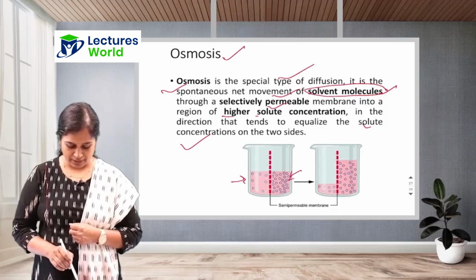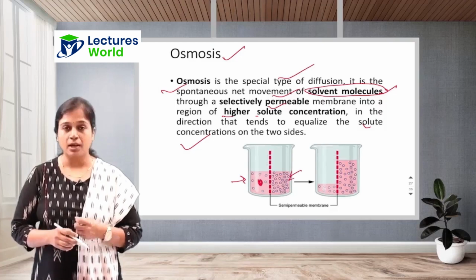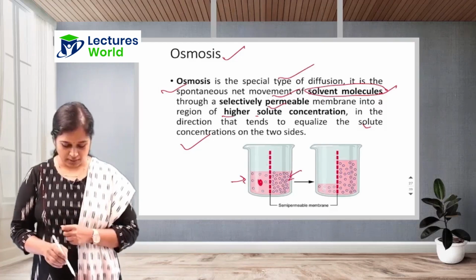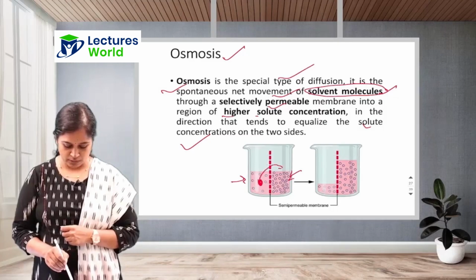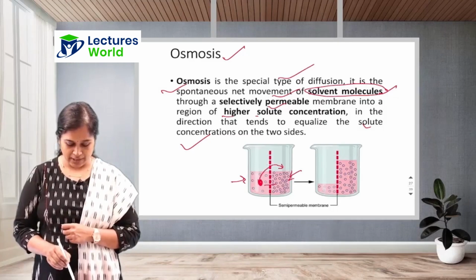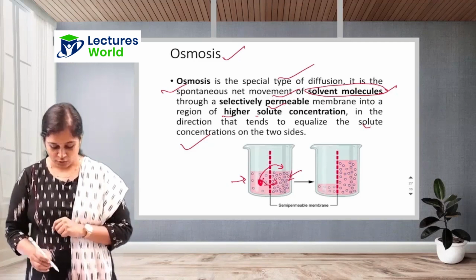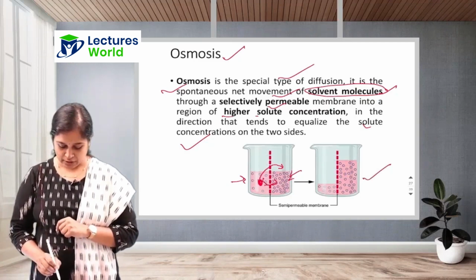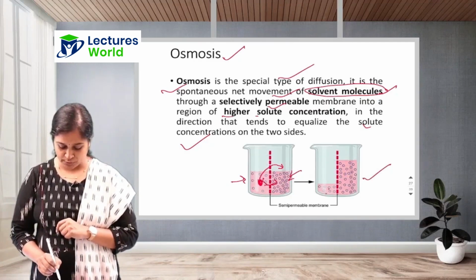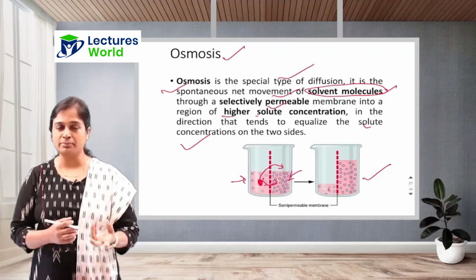This liquid portion is called the solvent. This solvent will move to this side and equalize the concentration of the solutes on both sides. You can see in the second image, the concentration of the solutes is now equal. Why did it become equal?